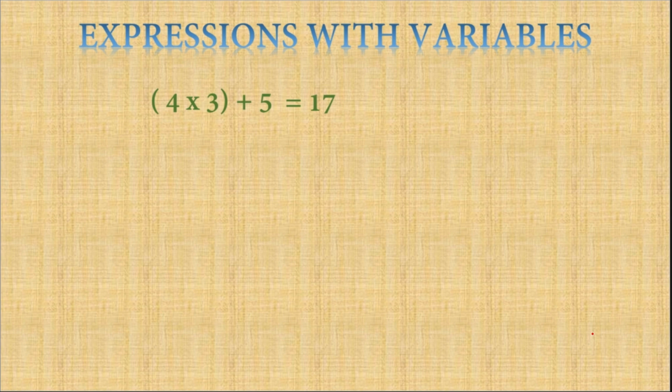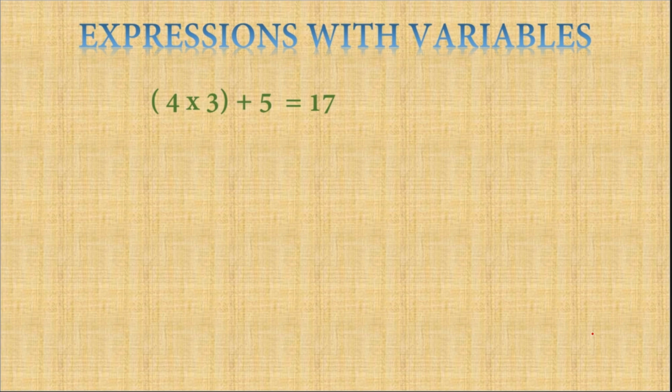So this is equal to 17. While understanding a variable, we know that a variable represents a number. We can do different operations on numbers, and in a similar way we can perform different operations on variables as well. But the expression that is formed cannot be evaluated, meaning it doesn't give any direct numeric value until we substitute a particular number in the place of a variable.